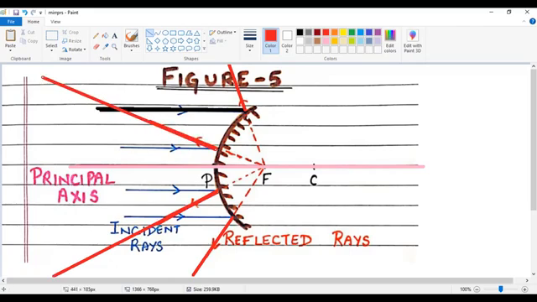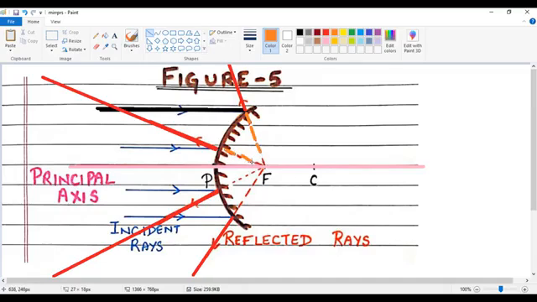They are spreading away from each other. While if we produce them behind the mirror, as we have done in a plane mirror also, we have to show the rays dotted.